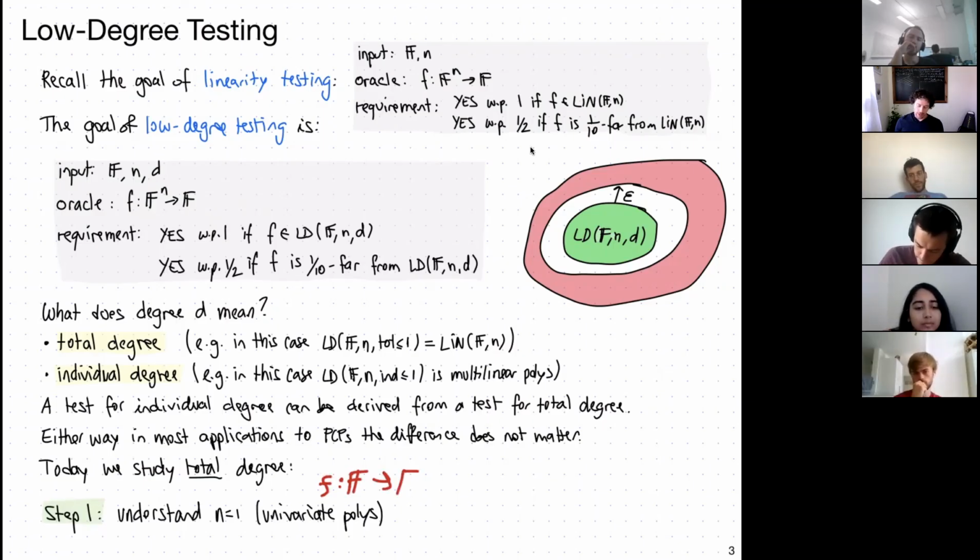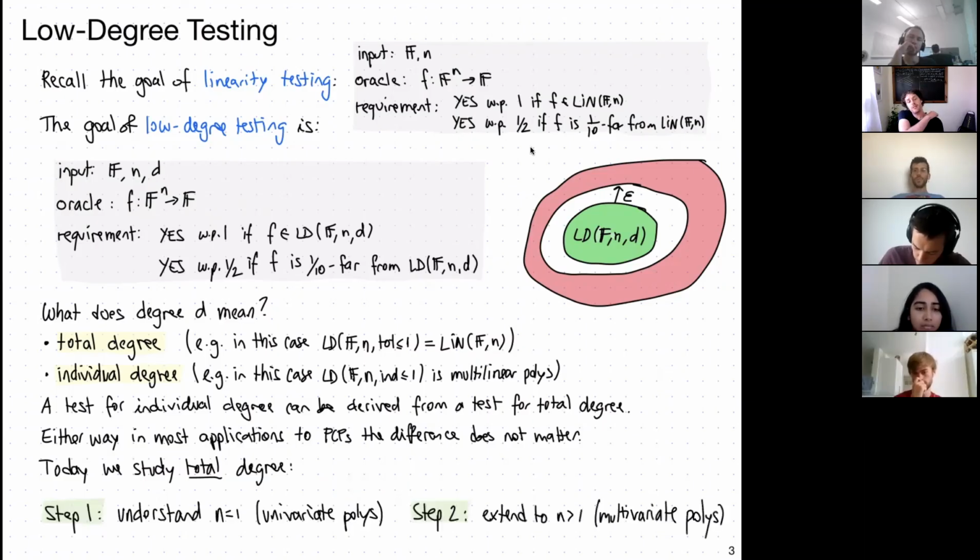And as you can imagine, since we want to get to the general case, the next step would be to generalize it to multivariate polynomials. And the cool thing about it, and this is a nice phenomenon, is that we'll actually spend 90% of the time looking at the univariate case, but we'll do it in such a way that extending it to the multivariate setting would be nearly trivial.